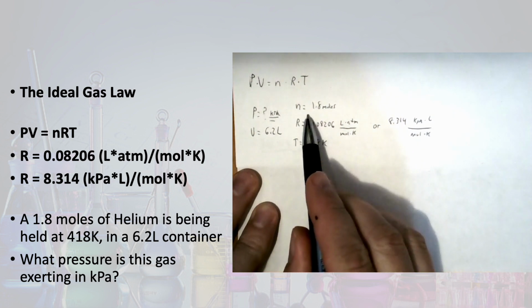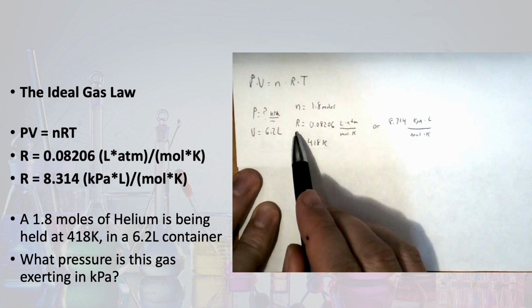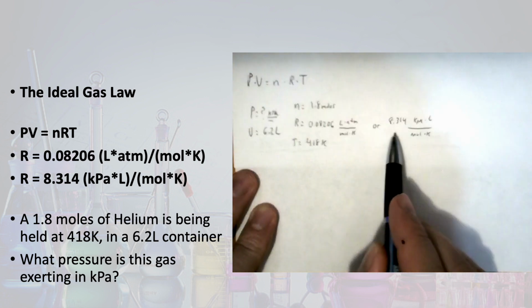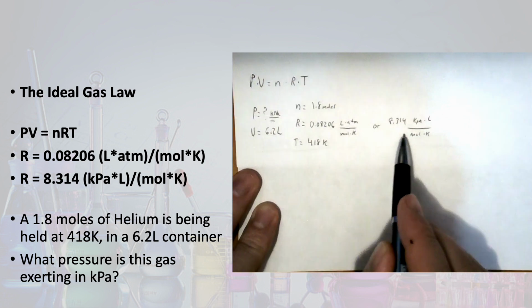We want to know what the pressure is of this gas exerting in kilopascals. So up here, right, we've broken down all our variables. We have P, which we're trying to solve in kilopascals, volume 6.2 liters, number of moles 1.8 moles, our two R values, right, the first and the second, and then temperature 418 Kelvin.